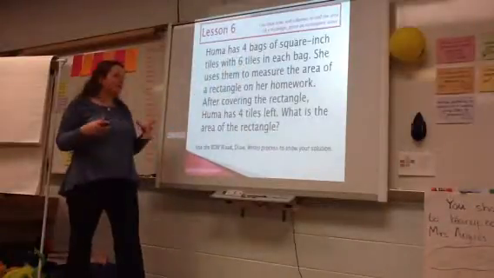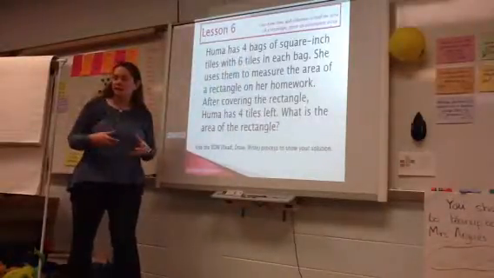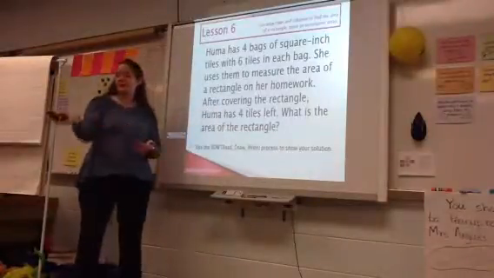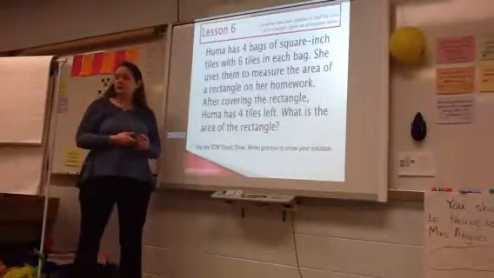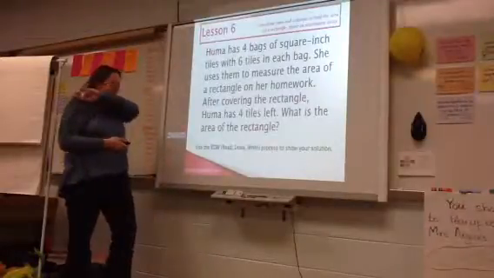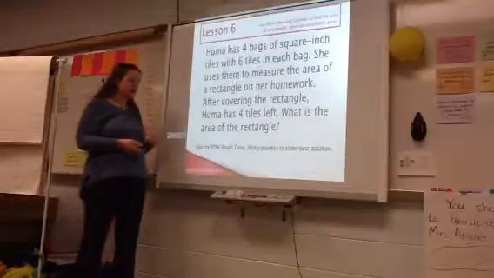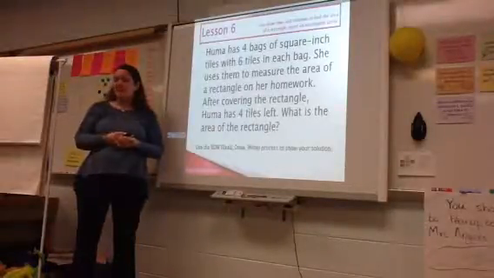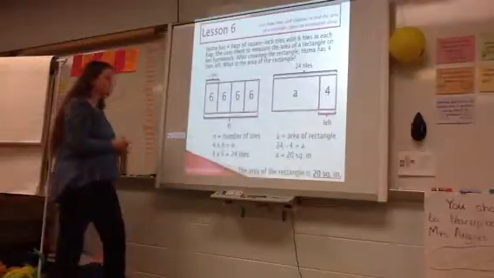We need to find out how many tiles she has altogether. And then you would subtract 4. I'm going to take away the 4 that she has left over. And then you would use 20 to do your rectangle. So then I can figure out that the area of the rectangle is going to be 20 square inches. And I can use that to draw a rectangle, right?